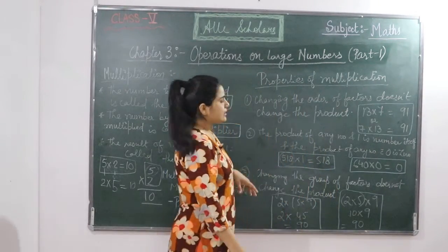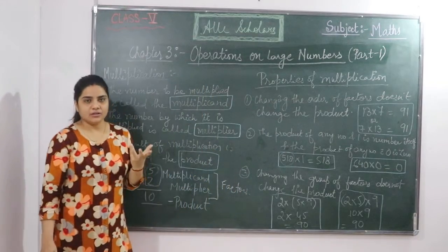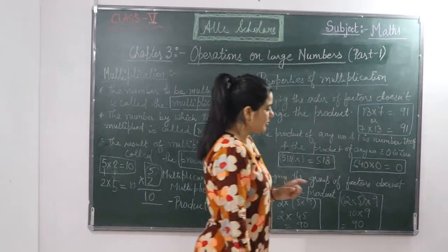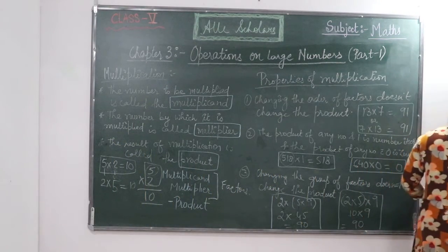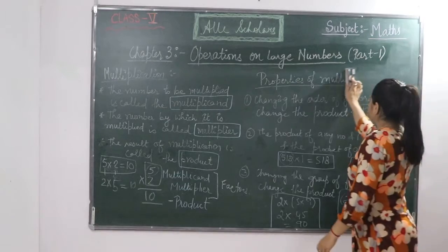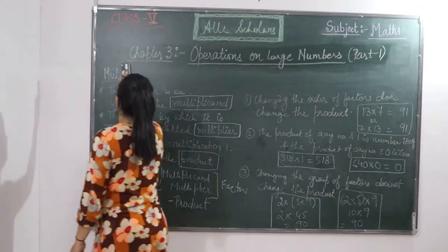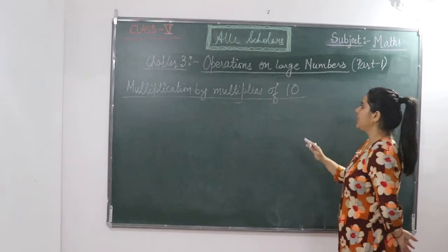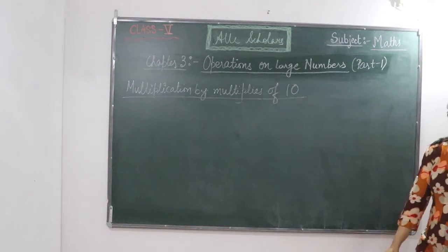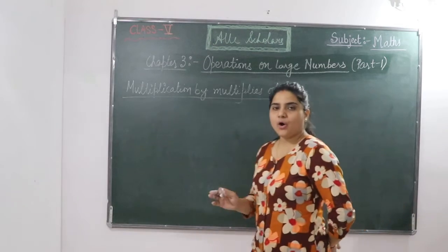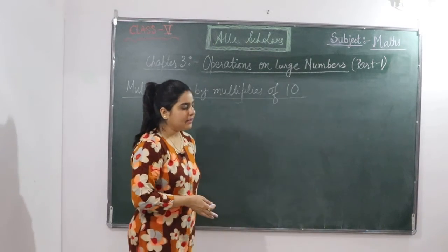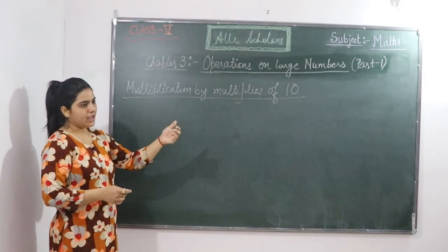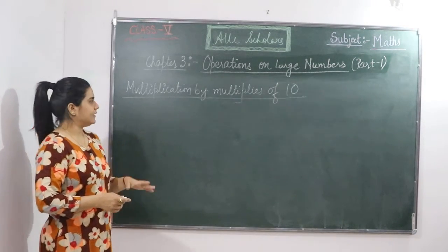Okay? So next we will see the multiplication by multiples of 10. So we know that when one or both the factors are multiples of 10, we can just add the zeros and we can do it very quickly.